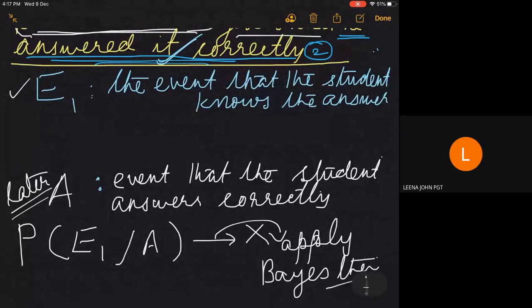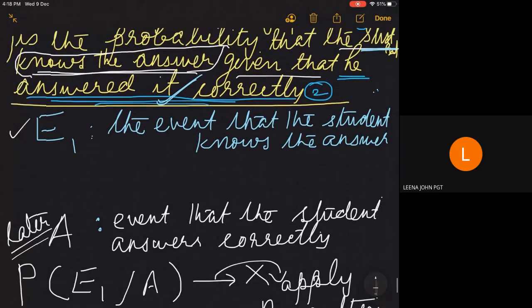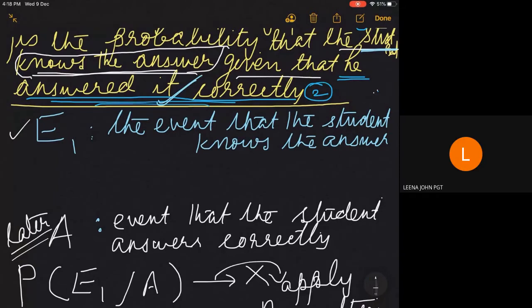So this is the situation where you have to apply Bayes theorem. It is understood, I hope. Now, if E1 is the first event, along with E1 you can take another event so that they become exhaustive events. What will be E2? The counterpart of E1, you have to think what is the other option. E1 is that the student knows the answer.